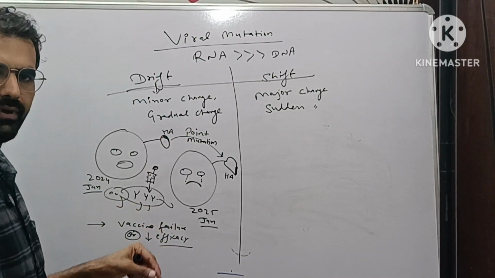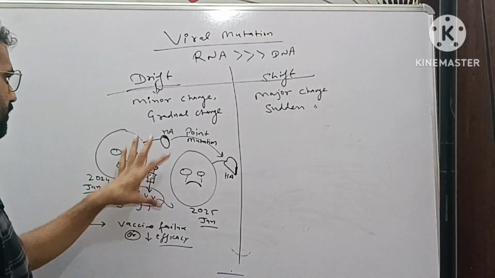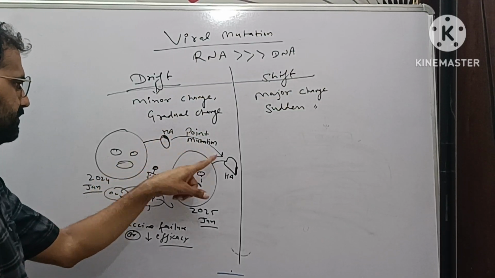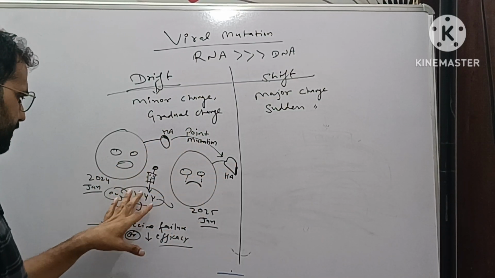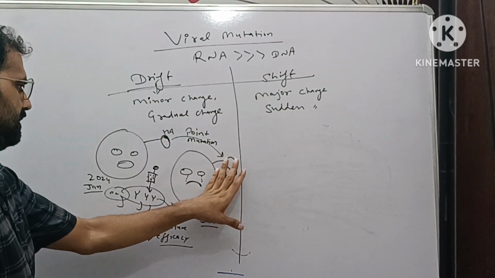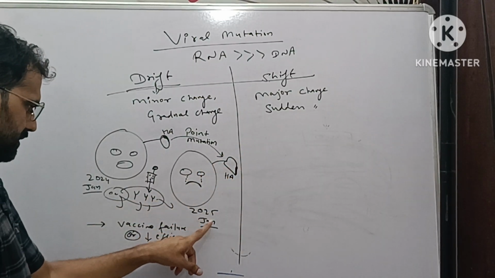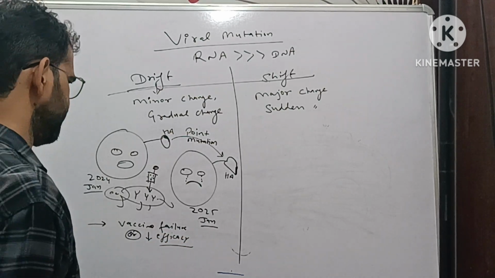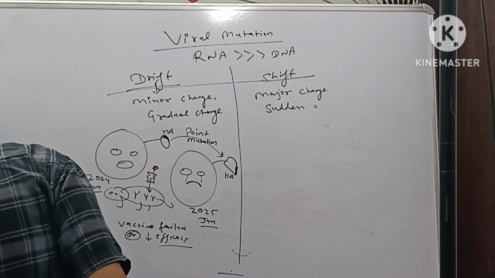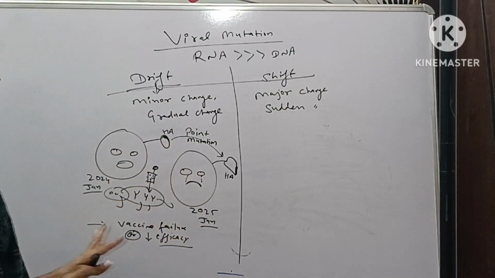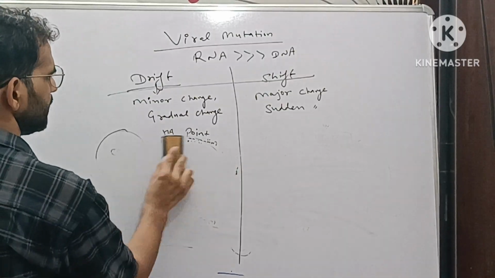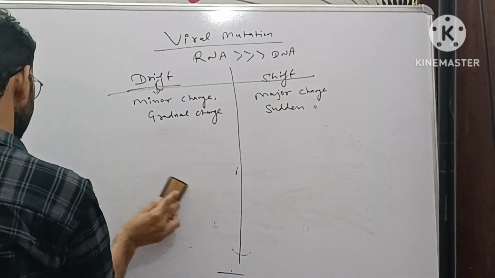Why is there vaccine failure or reduced efficacy? Because of a minor change, that is, a point mutation. The circle becomes a heart shape and the previous antibodies are no longer able to neutralize this influenza virus. So what is the result of this gradual or minor change?